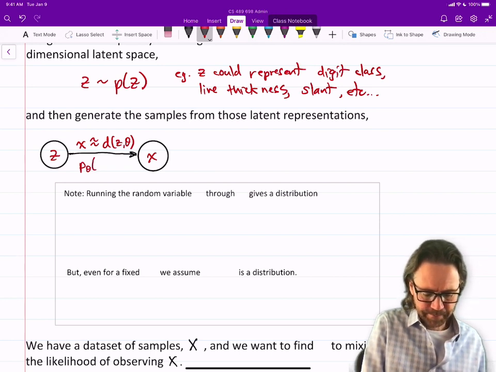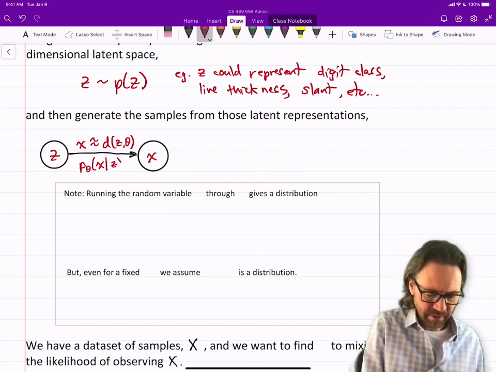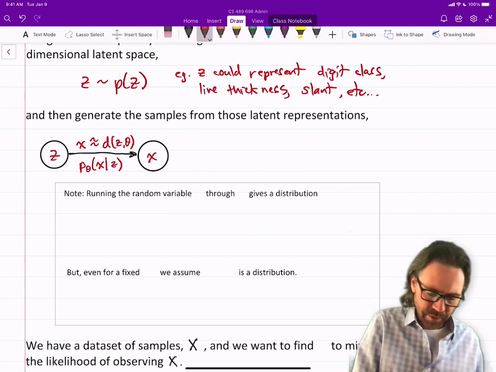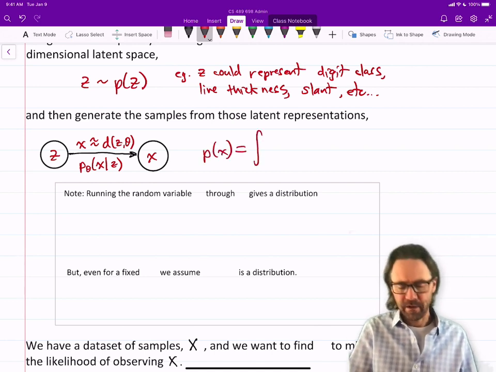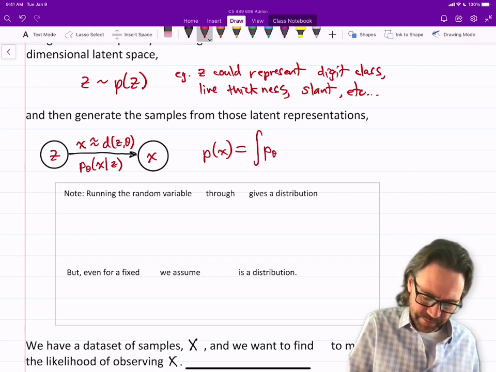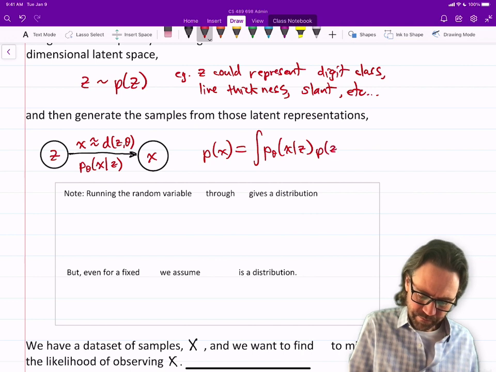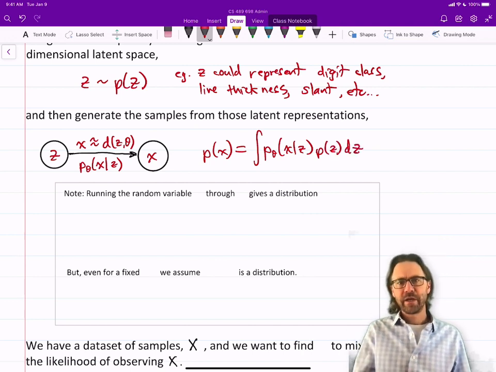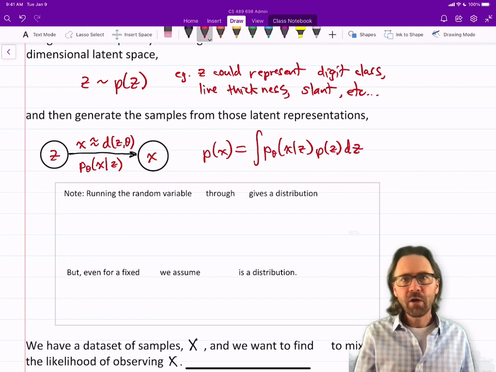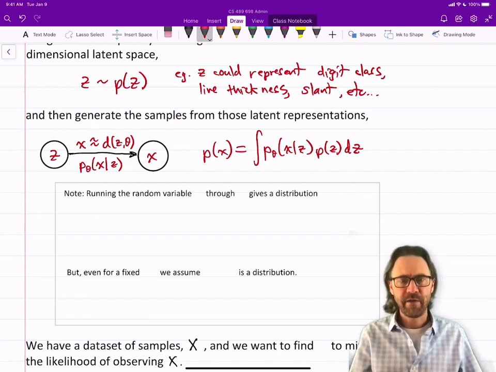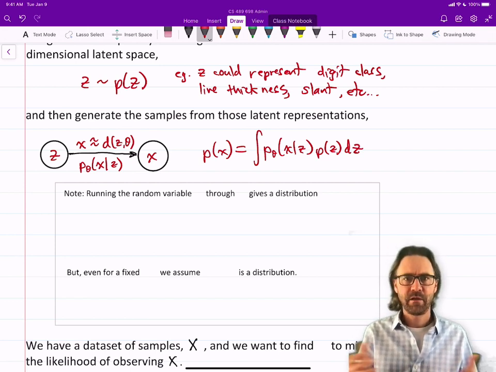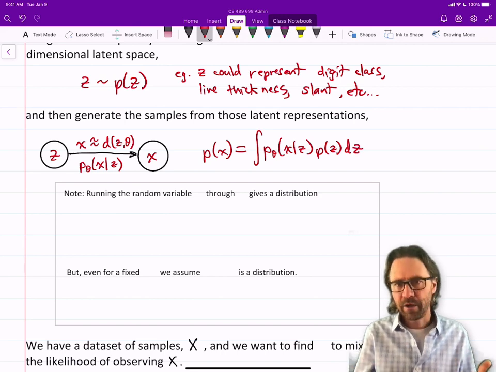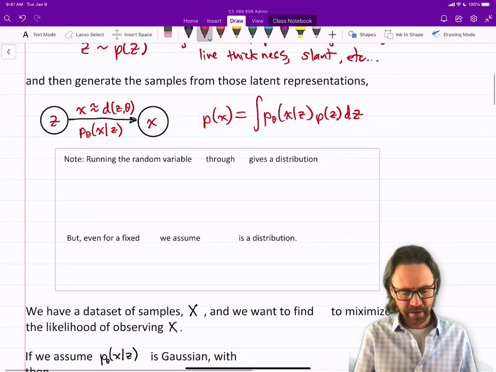So it'll give us the probability of observing X given some latent representation Z. And then we can compute the P of X as the integral of all these distributions, or all these samples. So in essence we can sample all of Z and then evaluate this integral for a given X, and that way we can get the probability of observing X.